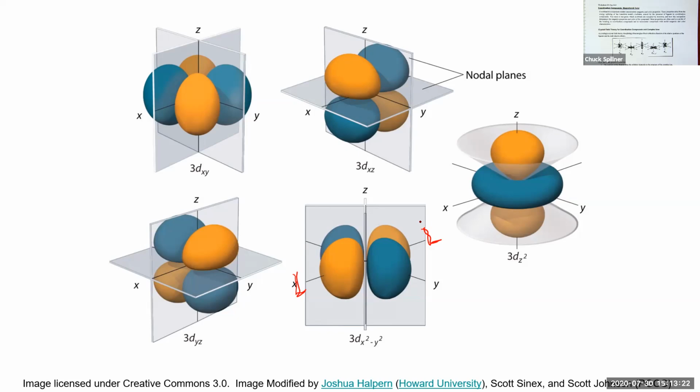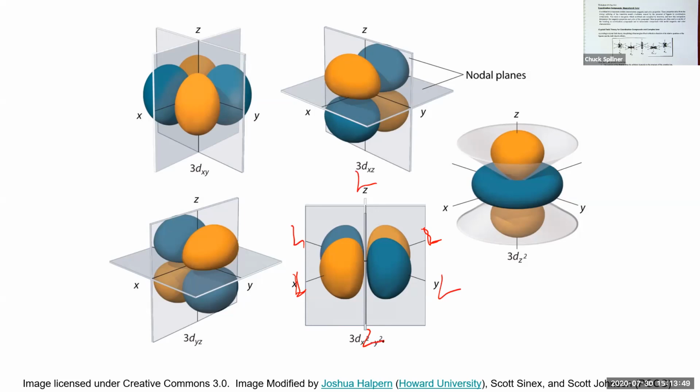A tetrahedral, remember, has ligands at the corners of a tetrahedron. Well, none of these orbitals are pointing at the corners of a tetrahedron, so they might not be impacted as much. If you remember the octahedron, there are ligands on the corners. Remember, the octahedron looks like this. The ligands are on the corner of every axis.